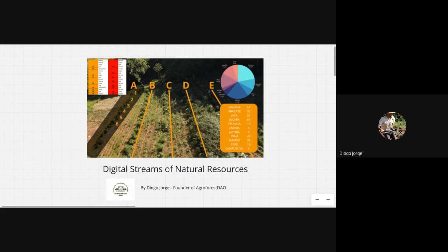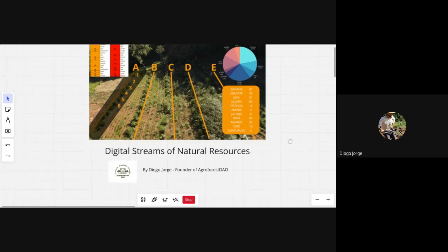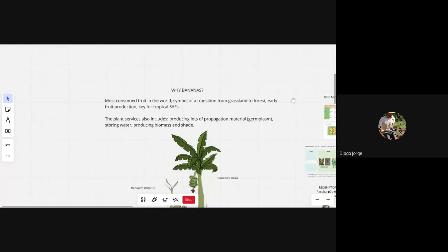in tropical food forests. It grows fast, produces fruits pretty fast, and it transitions an area from a grassland situation to a forest situation with a higher species, and so that helps create shade, produce biomass, and make the transition to a forest state.